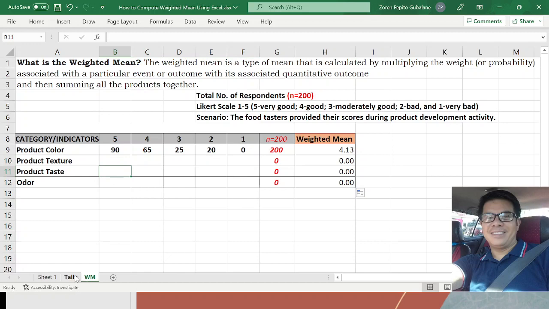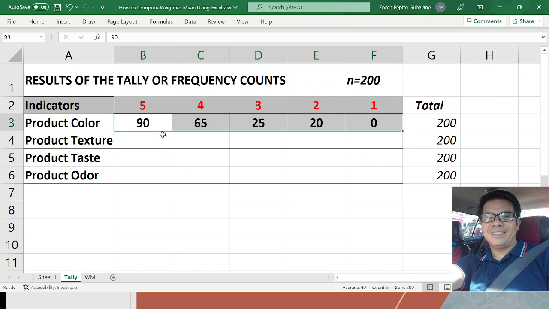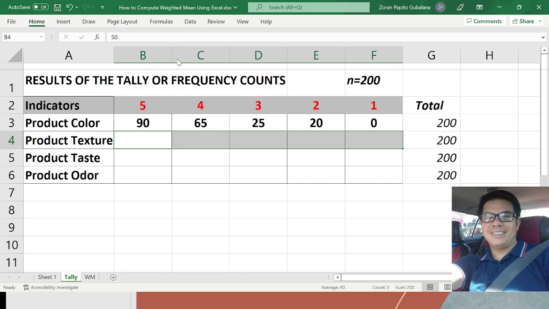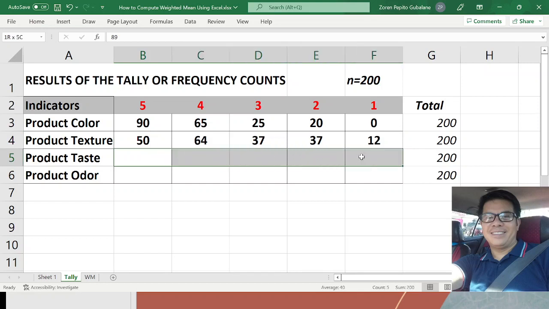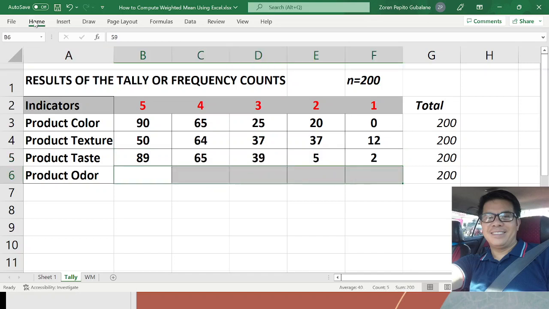For purposes of proceeding with the computation, let us assume the following data. For example, these are the data under product taste and under product odor. Let's have this data.